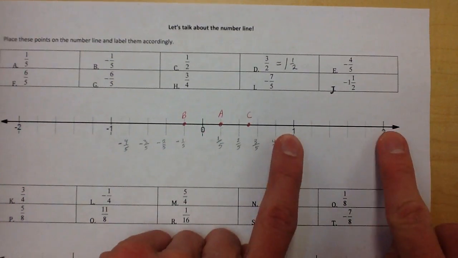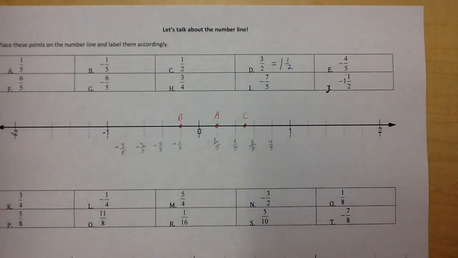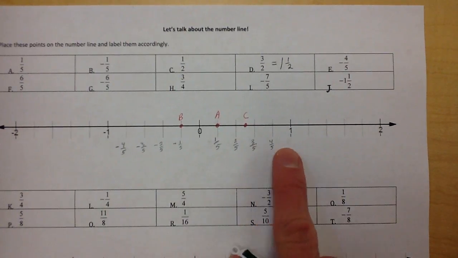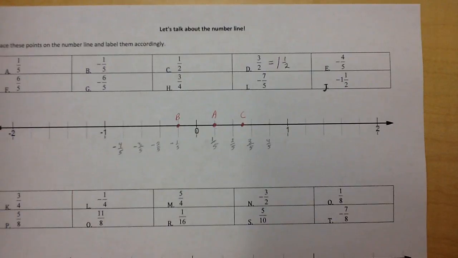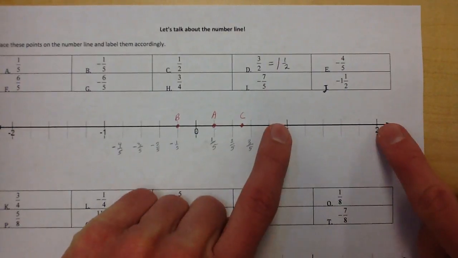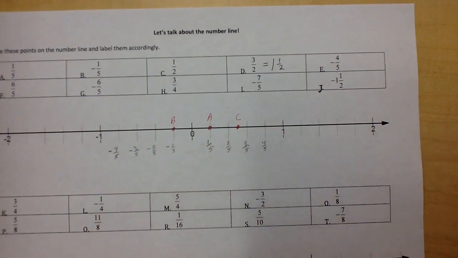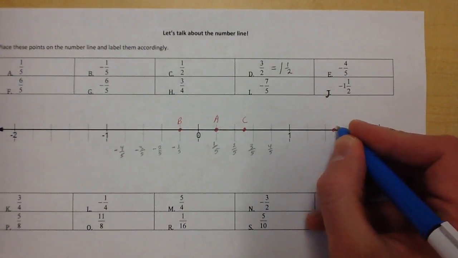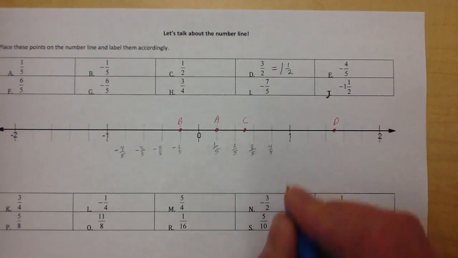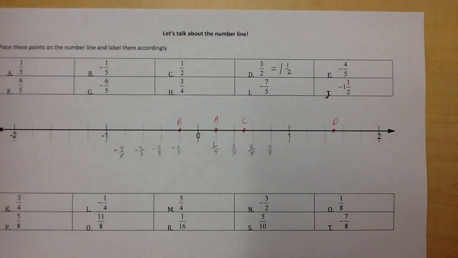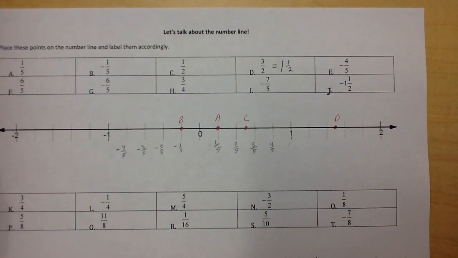Well, that's between 1 and 2, and it's halfway in between 1 and 2, and I'm not going to get too meticulous with this in terms of labeling the rest of these. So I'm going to just go ahead and put my dot halfway in between 1 and 2, and it is right there. And I'll call that one D. Okay? Let's label E. E should be pretty straightforward because we already have a number there.